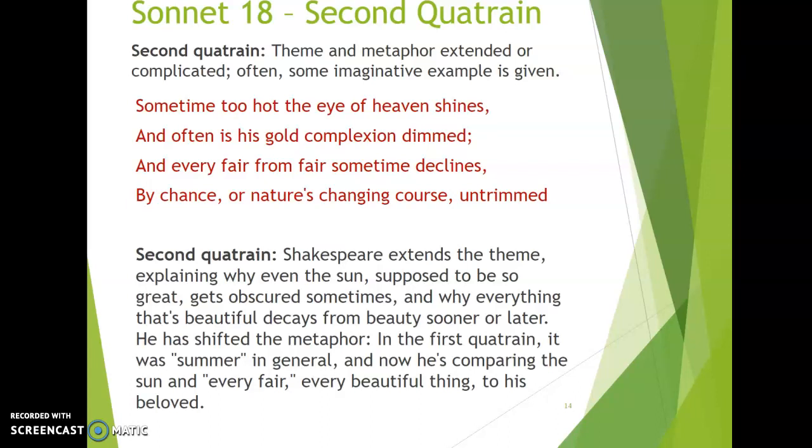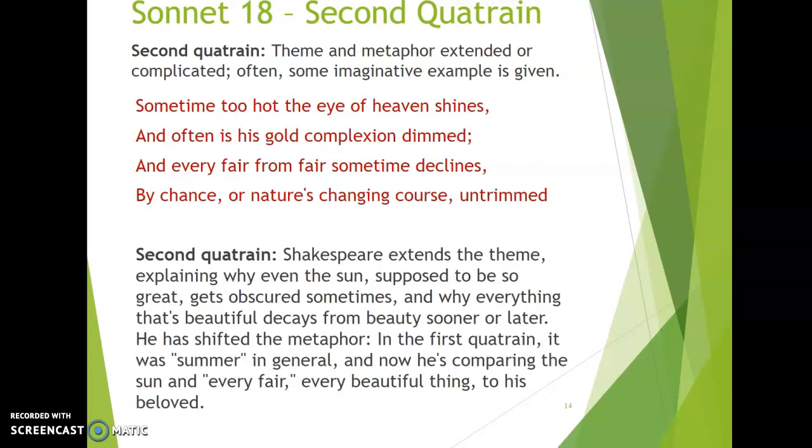Okay, and basically right here what he is saying is that sometimes the sun shines too hot. Okay, sometimes too hot the eye of heaven shines. That's basically what he's saying. In the summertime, sometimes it's too hot, and often is his gold complexion dimmed. He's basically saying that sometimes the sunlight is dimmed by clouds.